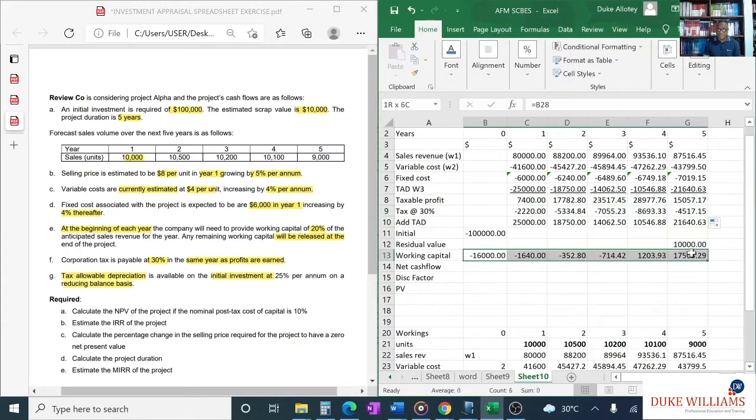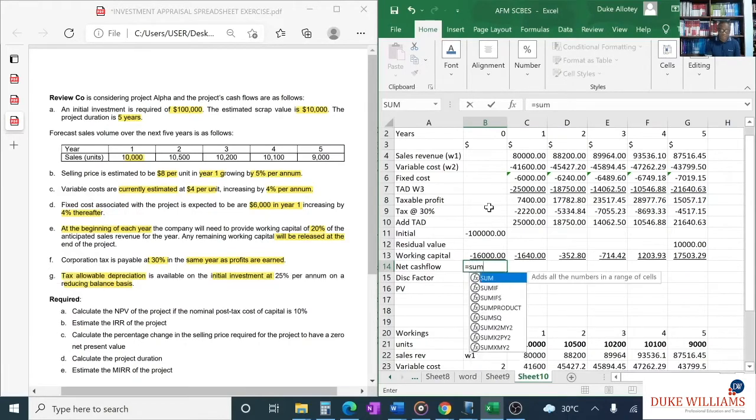So let's tidy it up by getting the net cash flow. The net cash flow will simply be all figures from the taxable profit down to the working capital. So I'll do equal to the sum of this, and look at where I'm referencing from, the taxable bits.